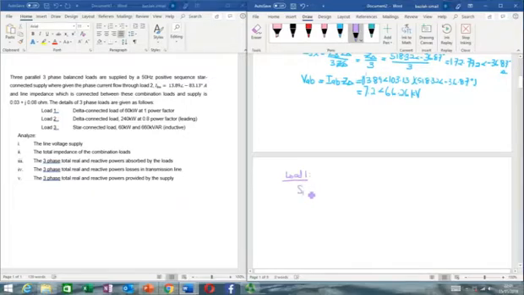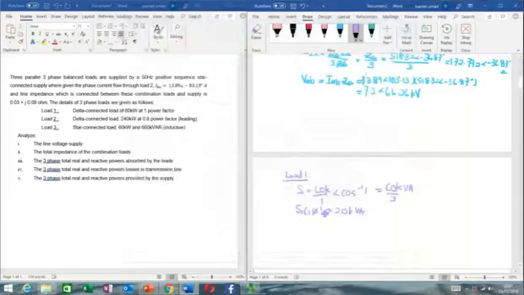S1 is given as 60k, PF is 1, so the angle shift is cos inverse of 1, which is 0. So directly S1 is equal to 60k. This is the 3 phase value, so to find the 1 phase value, divide by 3. So this equals 20k VA.